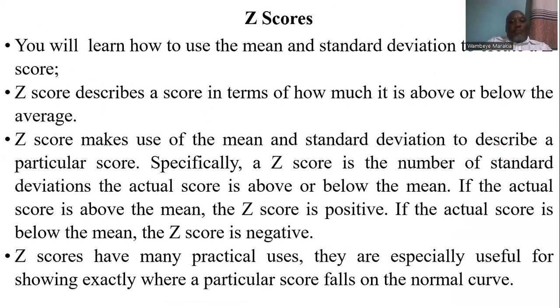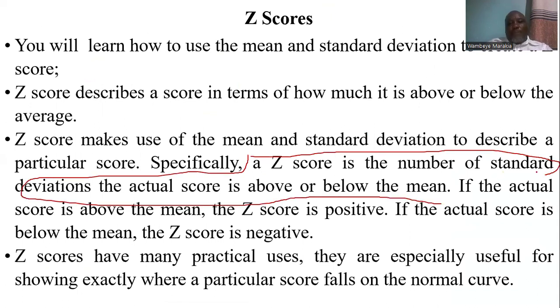a z-score is the number of standard deviations the actual score is above or below the mean. And we have seen that the mean of the z-scores is 0.